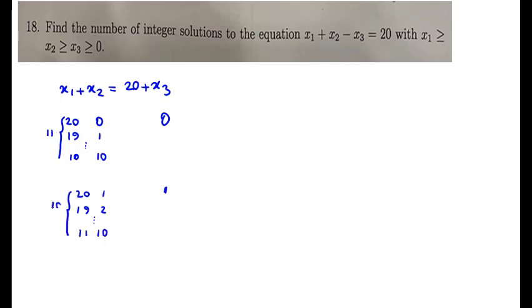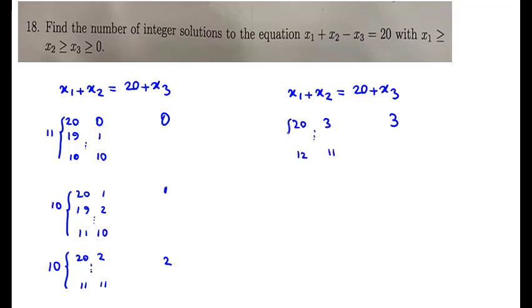20 minus 10, 10. And the next one, if it is 2, then 22, we have 22 until 11, 11. How many answers do we have? 10. Now if x3 is 3, then here, what can we say? 23. You can say 20 to 3, 2, 12, and 11, 23.